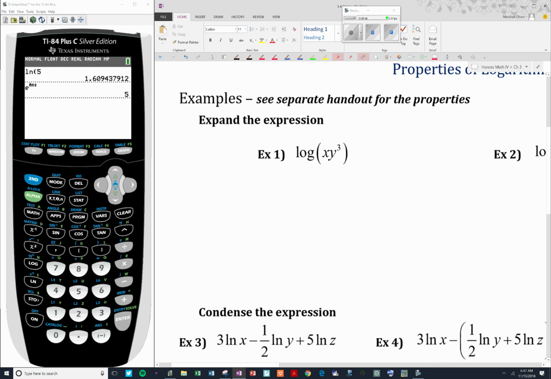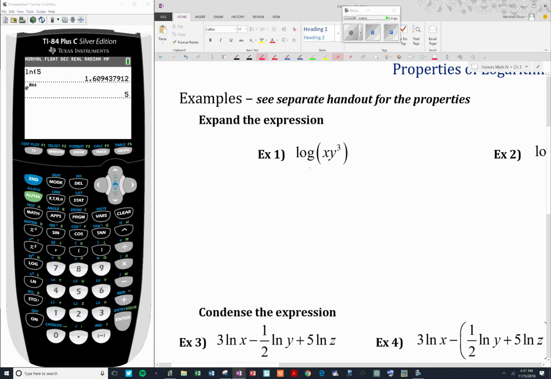So we're going to start here with some expanding problems. And I have here in the directions, expand the expression. Your homework will say something like write as the sum or difference or even multiple of logarithms, which basically means to expand the expression.